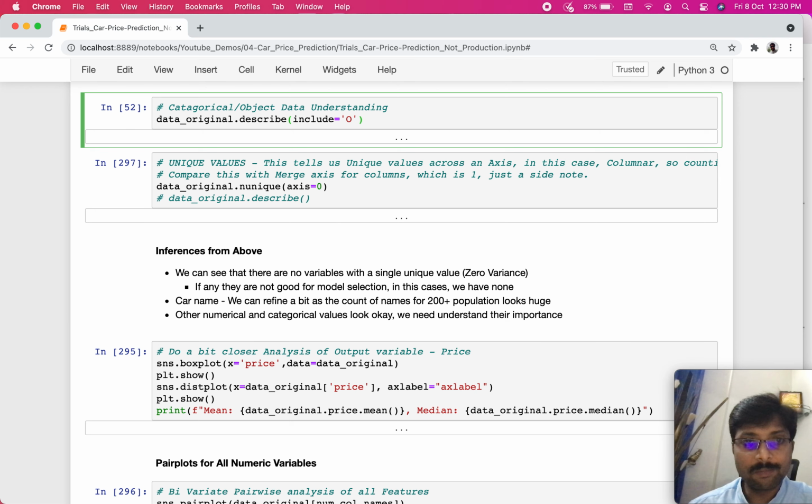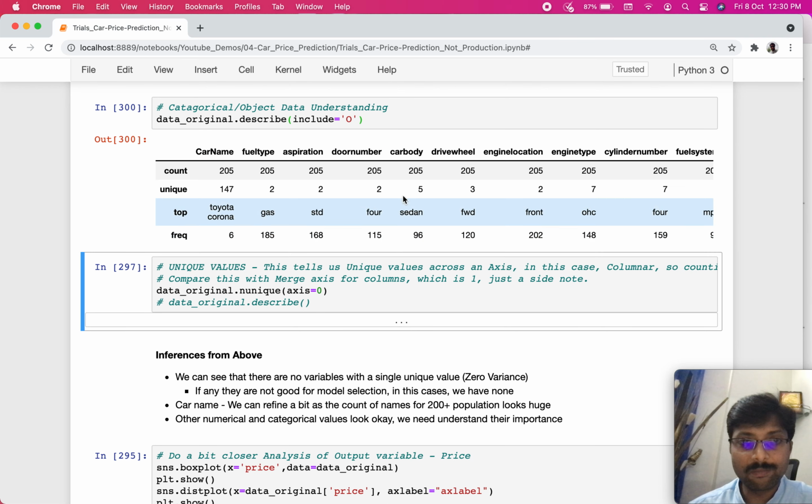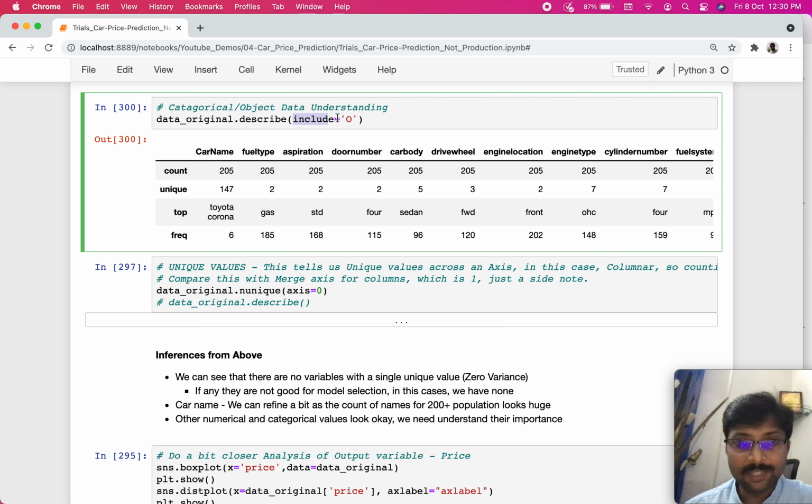If you look at how the object parameters are described here, all we are saying is include equal to O. That only gives us object parameters and not numerical parameters. It describes things in a different manner. The count is there, but it also tells how many unique values there are for that variable, and the frequency of the top repeating value.